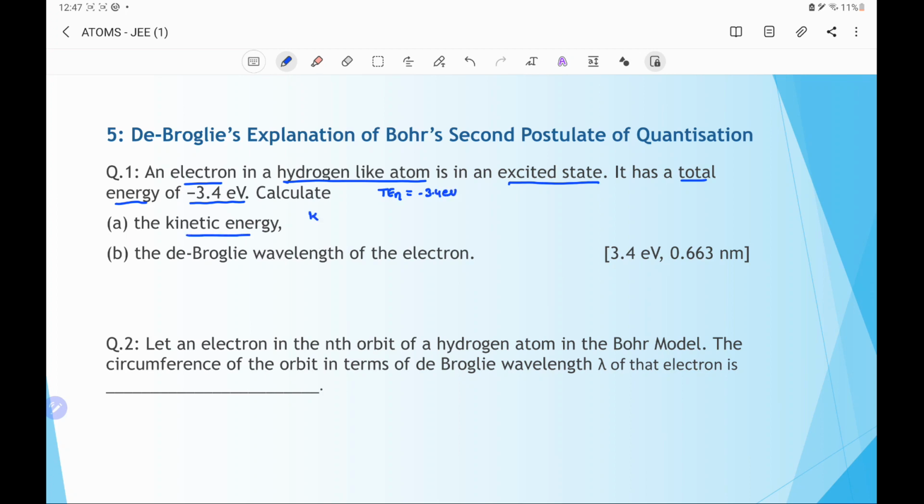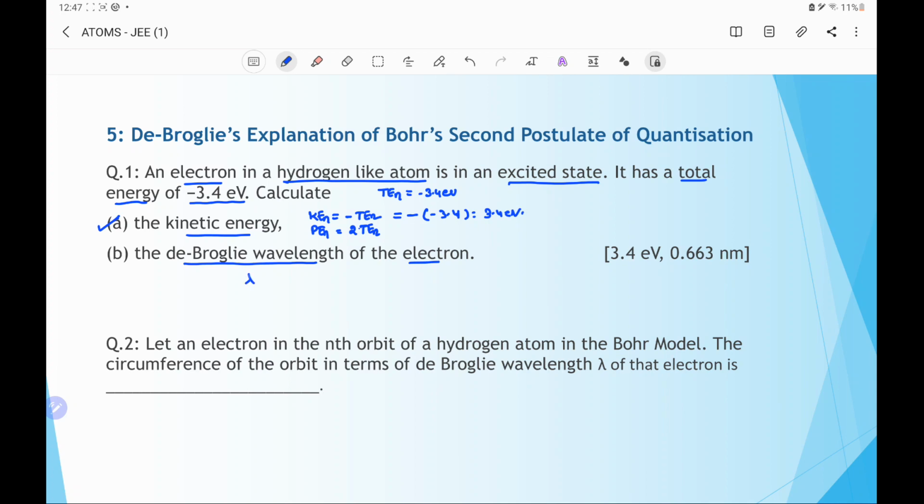We know, which we have already discussed, that kinetic energy in nth orbit is the negative of the total energy in nth orbit, and potential energy in nth orbit is twice the total energy in the nth orbit. So kinetic energy, which is asked in the question, equal to minus of minus 3.4, that is equal to 3.4 electron volt.